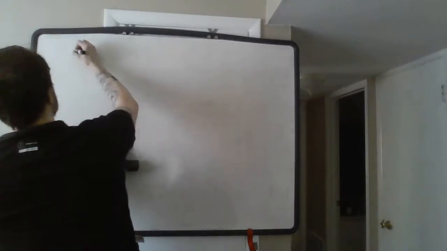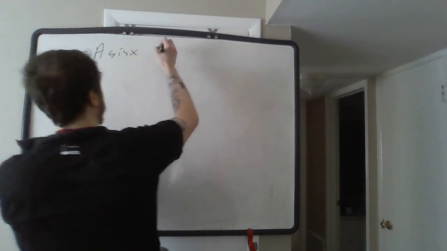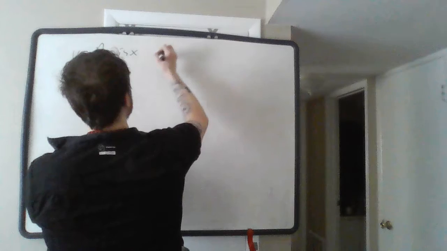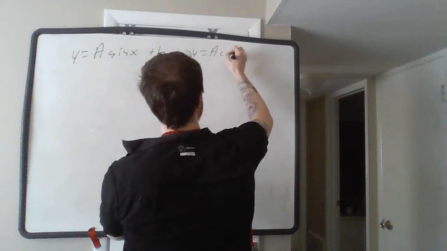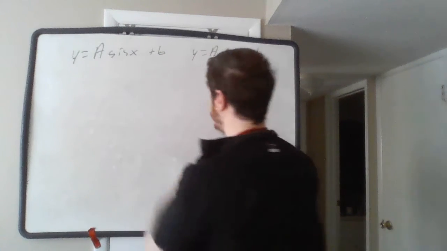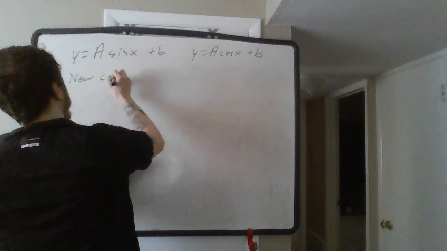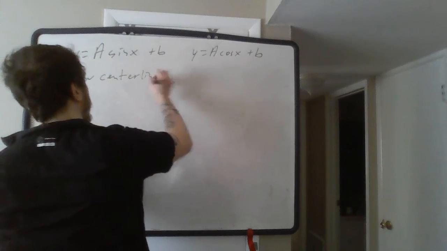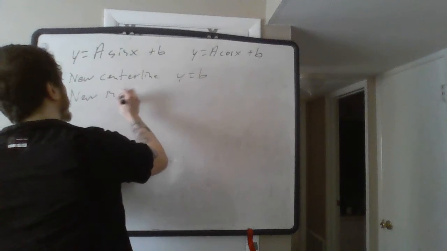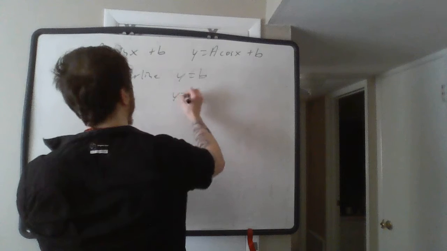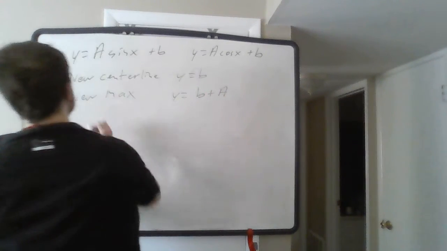So the rule is, if I want to graph y equals a sine x plus b, or y equals a cosine x plus b, then the rule is the new center line is going to be y equals b. The new maximums are going to be at y equals b plus the amplitude.